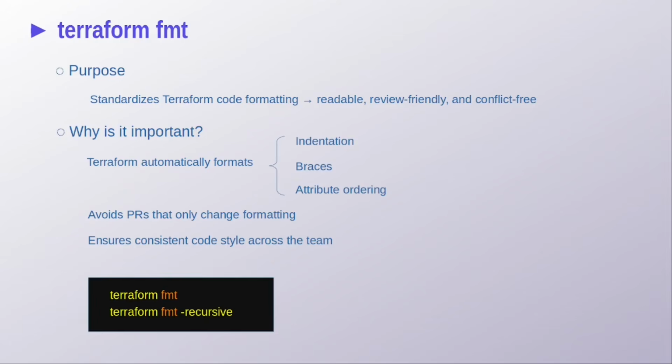Pull requests are clean. Git conflicts are reduced. Example: we run terraform fmt or terraform fmt -recursive. Best practice: always run before pushing. CI should fail if formatting is wrong. Never review unformatted Terraform code. Format is not optional. It's hygiene.